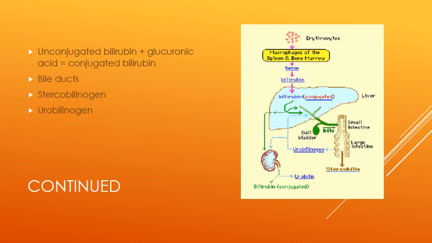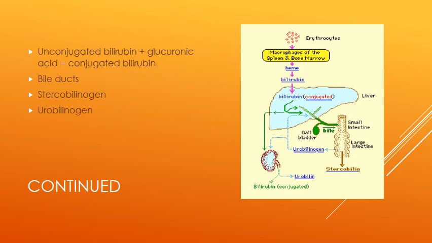Once that unconjugated bilirubin is carried to the liver, it's going to be combined with glucuronic acid, and that's your conjugated. So it starts out unconjugated, you add glucuronic acid, and you get conjugated bilirubin. Most of that is going to go through the bile ducts into the small intestine, where it's going to be converted to stercobilinogen and urobilinogen, right?